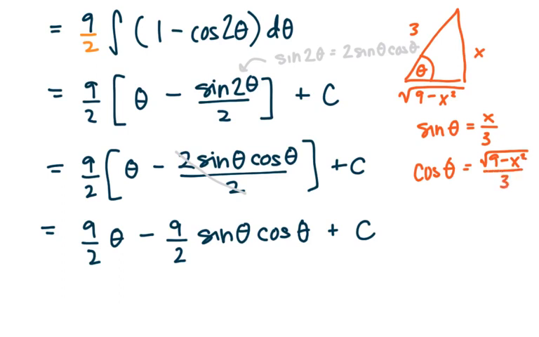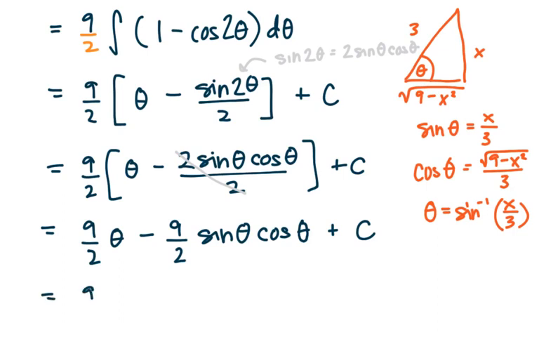And then we also need to figure out a way in order to write theta. I can isolate theta in this sine theta equation and say that theta equals inverse sine of x over 3. So if I make these 3 substitutions, I will be completely done with my problem.